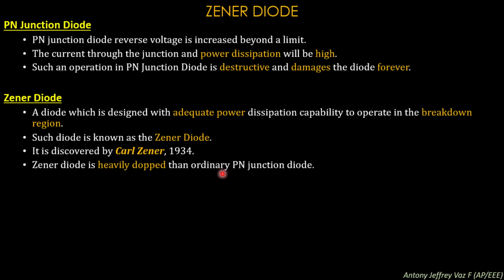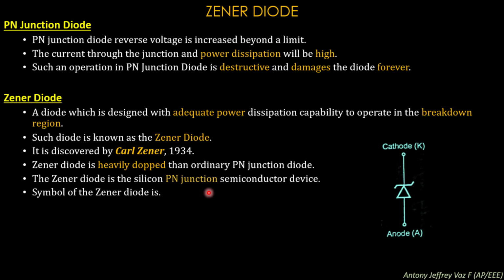So, the amount of impurities present in the Zener diode is higher when compared with the PN junction diode. Zener diode is a silicon PN junction semiconductor device. So, all Zener diodes are made of silicon PN junctions which are heavily doped, when compared with the normal PN junction diodes which are lightly doped.